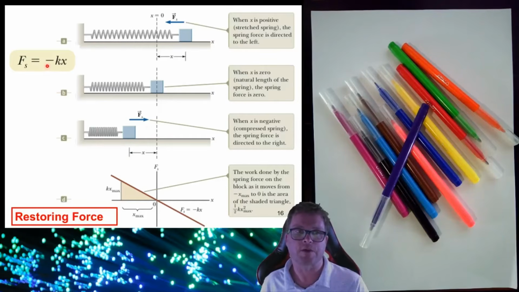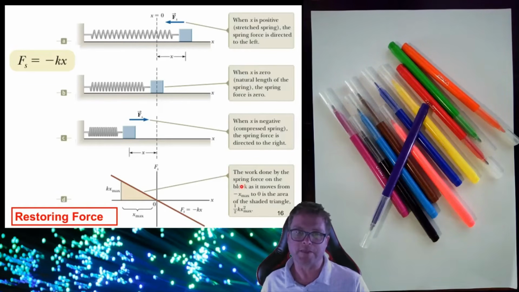In this case, we're going to have minus k times minus x, and this is going to give a positive overall value for Fs, and we have the force pointing back towards the origin.